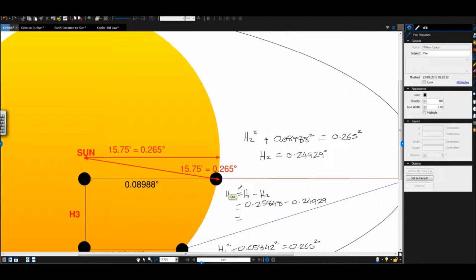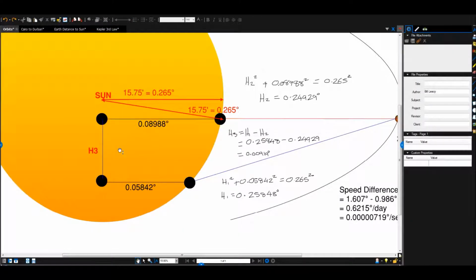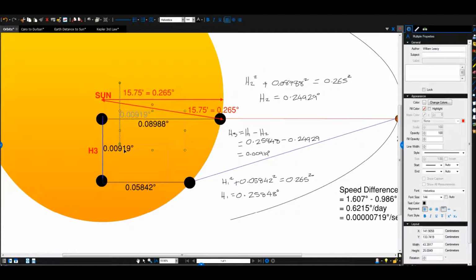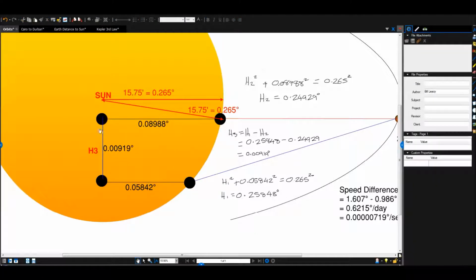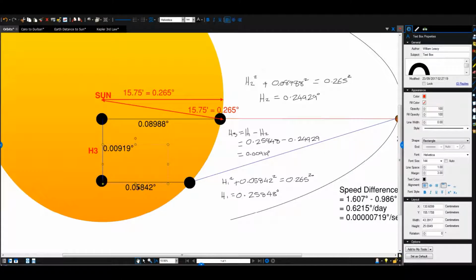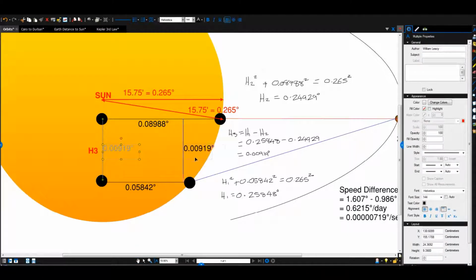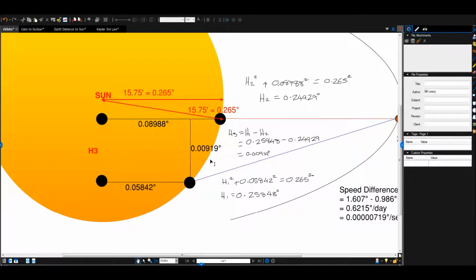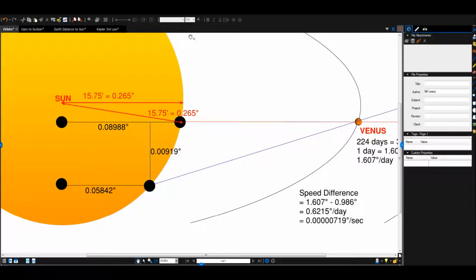So it's 0.0091, H3 finally. So we know it's 0.00919 degrees. Okay, so that would mean that this here is 0.00919 degrees. Okay, so we cleaned up those calculations.